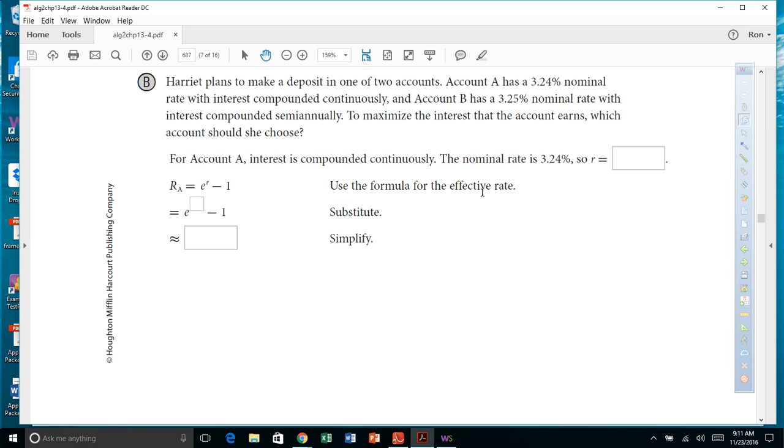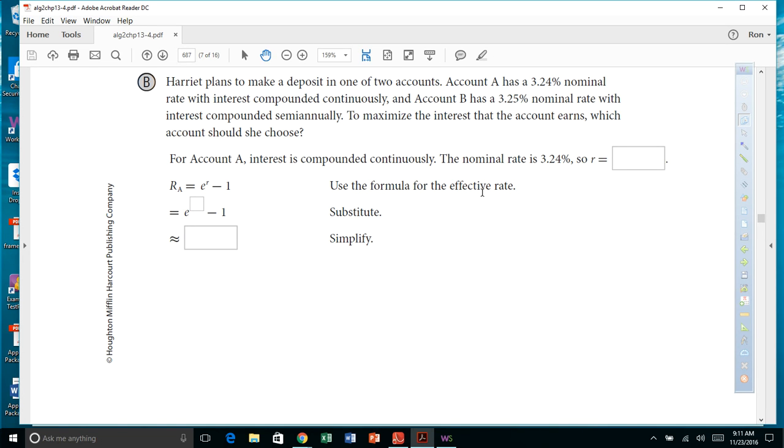Harriet plans to make a deposit in one of two accounts. Account A has a 3.24% nominal interest rate with interest compounded continuously. And account B has a 3.25% nominal rate with interest compounded semi-annually. Now, you're not comparing A's and B's.